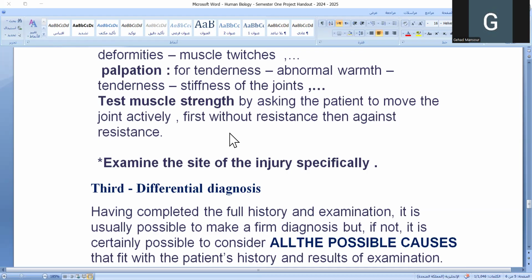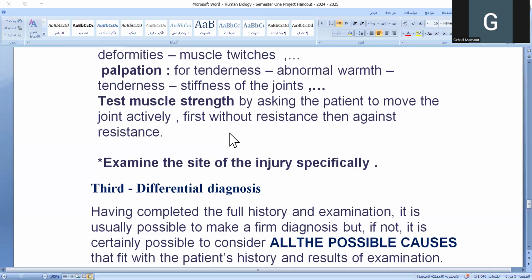Of course, if the patient extends on his own but cannot extend against resistance, this is a weaker level. But if the patient can still extend forcibly against your hand that is resisting in the opposite direction, then this is good strength of the muscle.